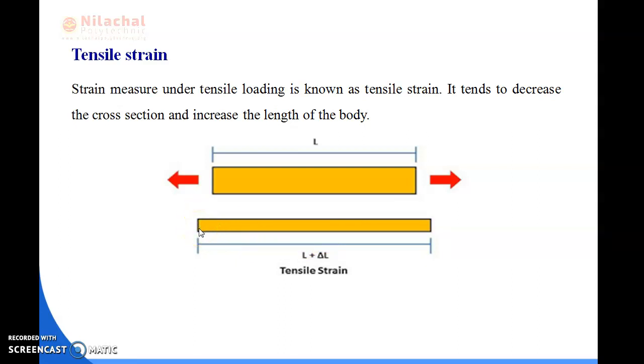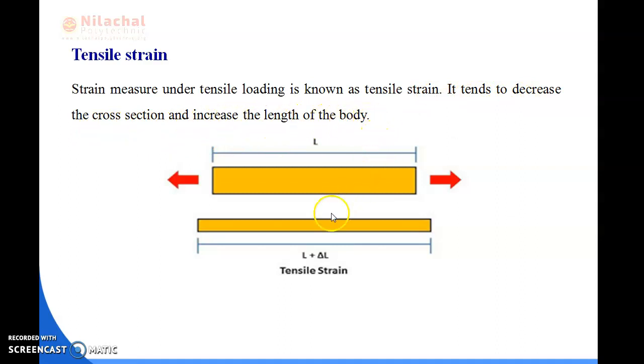So we know strain means change in dimension divided by original dimension. So by its definition, strain measured under tensile loading is known as tensile strain. It tends to decrease the cross section and increase the length of the body.